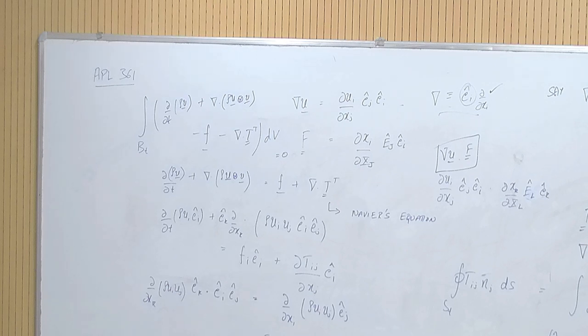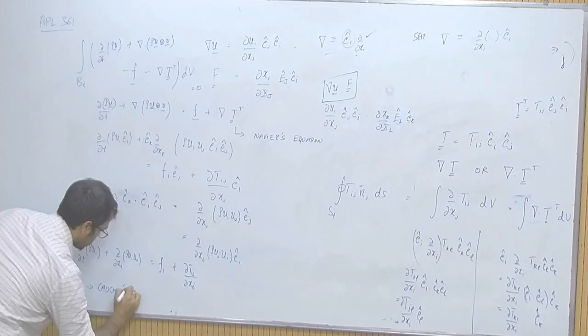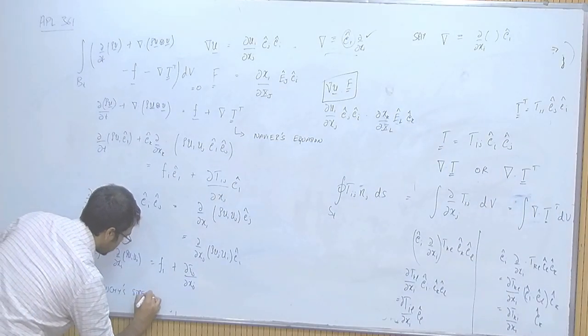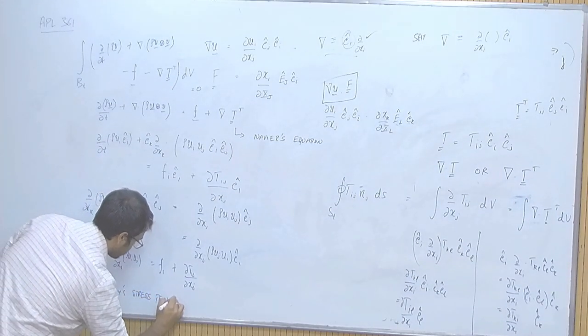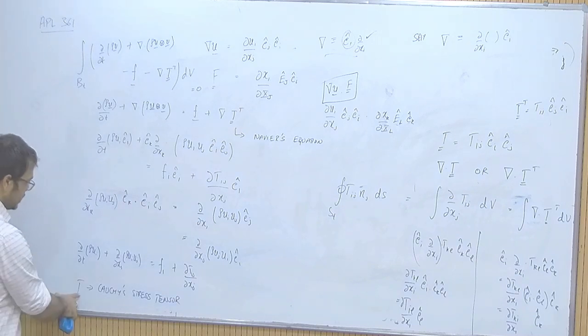By the way, this T is called Cauchy's stress tensor, or just stress tensor. And a lot of research in fluid mechanics is also about what this T should be.